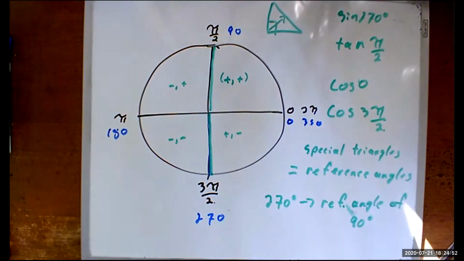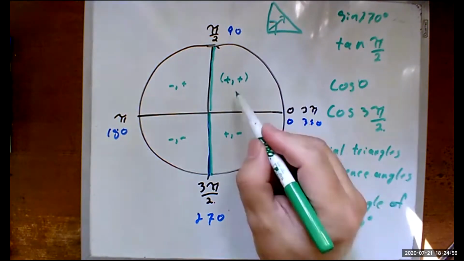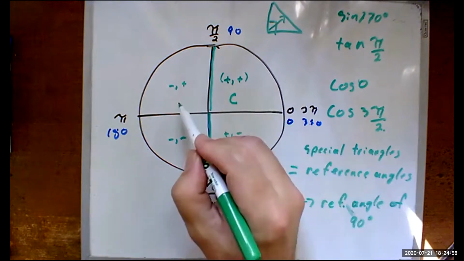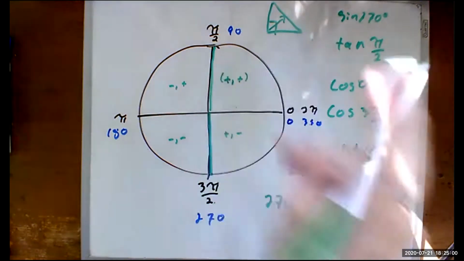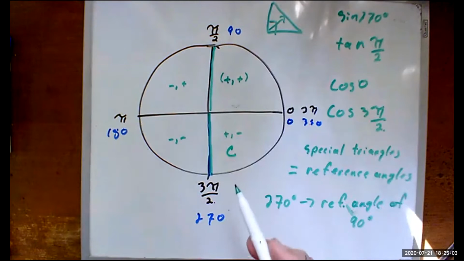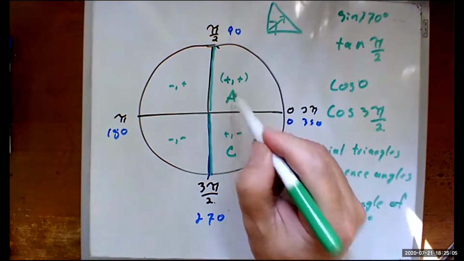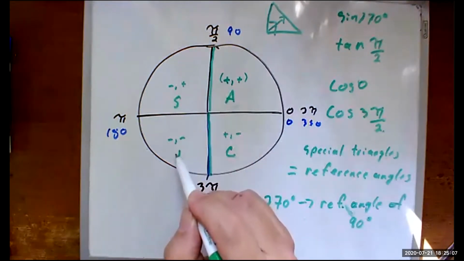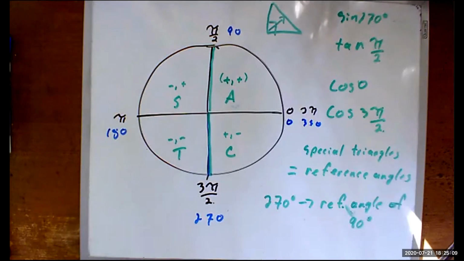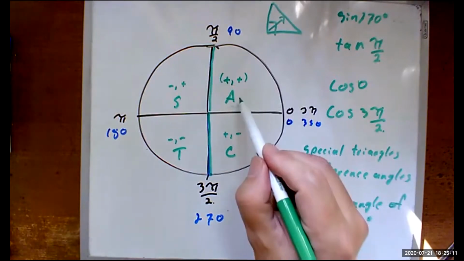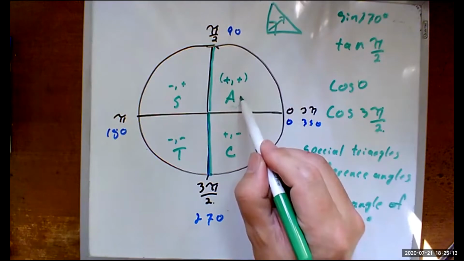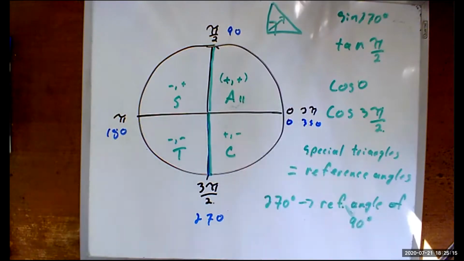Somebody clever figured out what that means in terms of all of our trig values. Starting in the bottom right-hand corner, you can write the word CAST. And what this means is, in this quadrant, everything's positive. A stands for all.